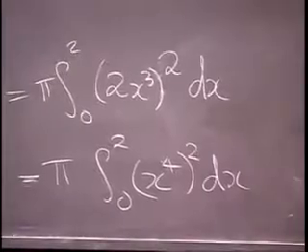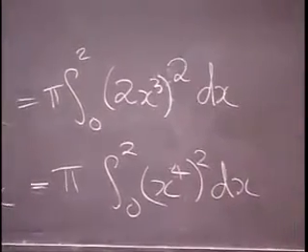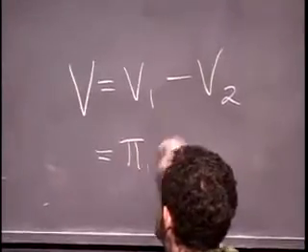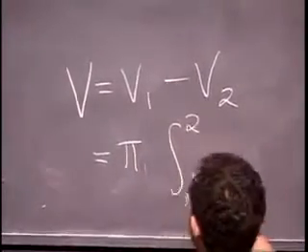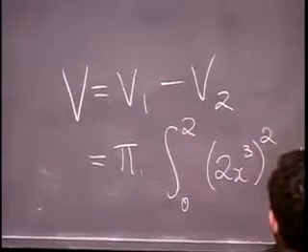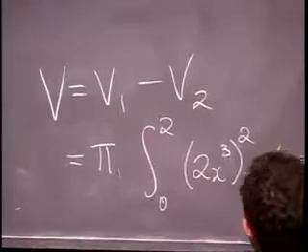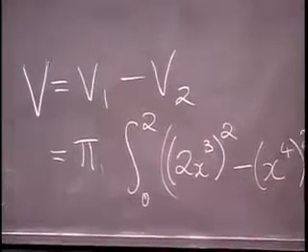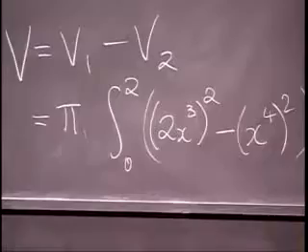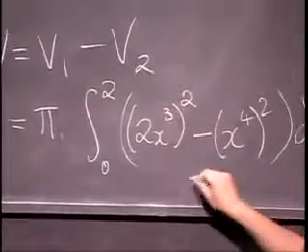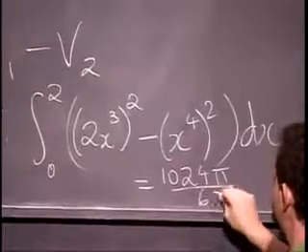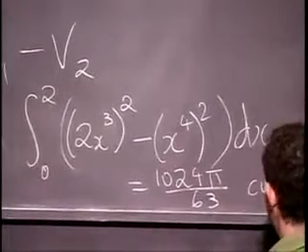So the actual volume is V1 minus V2, and if you really want to get snazzy, you can combine them into the same integral: pi times the integral of (2x cubed) all squared minus (x to the 4th) squared, dx. It's a very straightforward integral to do. I believe the answer works out to be 1024 pi over 63 cubic units.